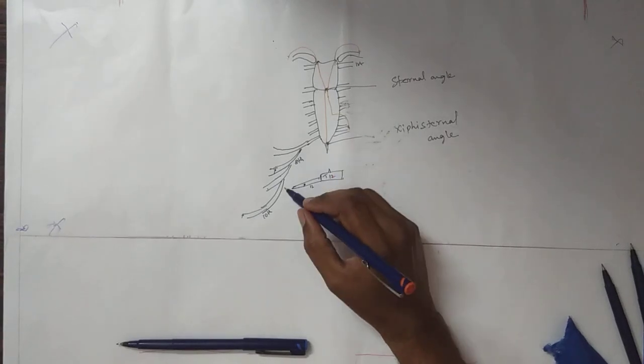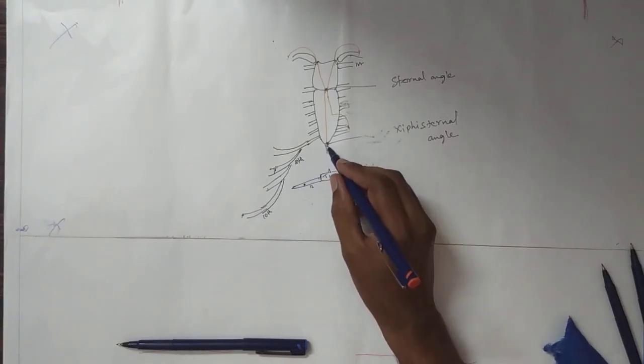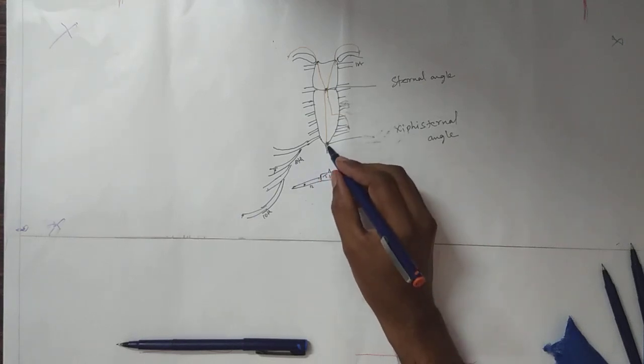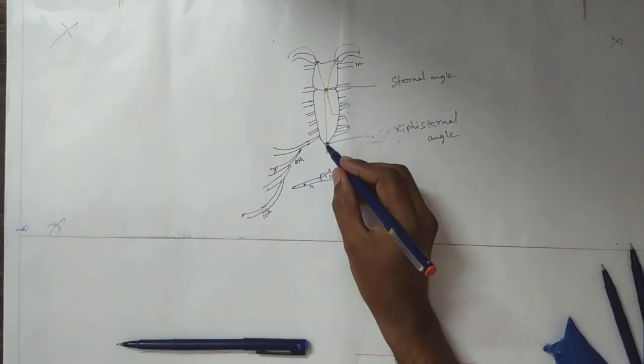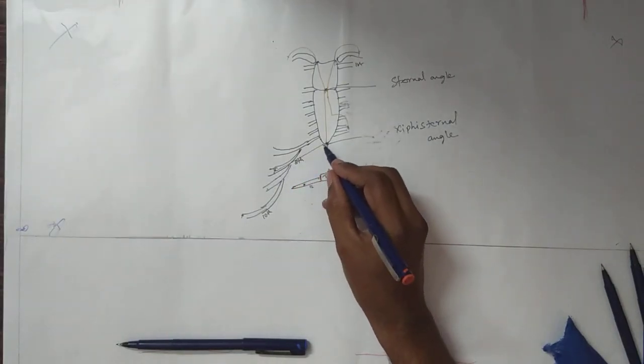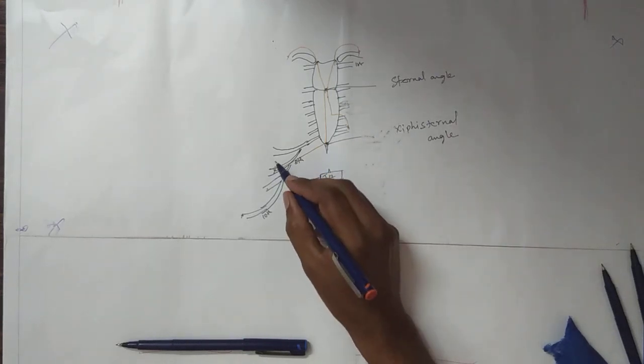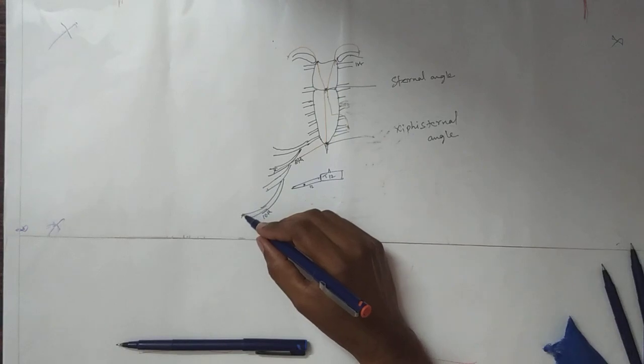What about the inferior reflection? Inferior reflection is related with the diaphragmatic pleura and the costal pleura. On the right side, how do we trace it? Start drawing a line from the xiphisternal angle, trace it towards the point where the 8th rib and the mid clavicular line are joining.